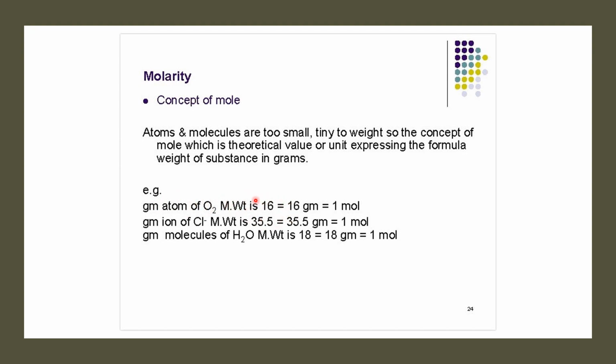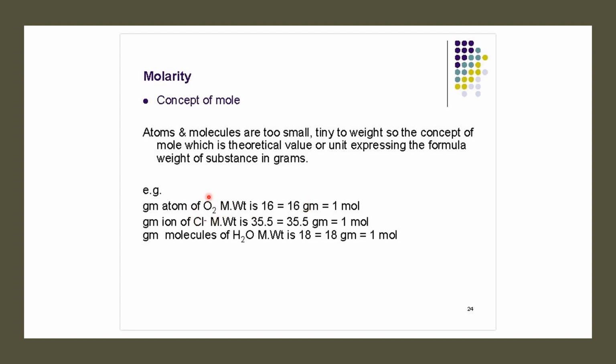So 16 is equivalent to 16 grams, which is the molar mass of our oxygen. 16 grams of oxygen is equivalent to 1 mole of that substance. So 1 mole of oxygen atom is equal to 16 grams of oxygen.